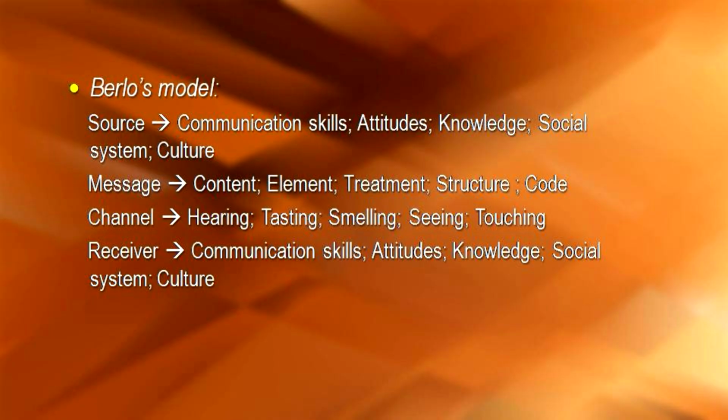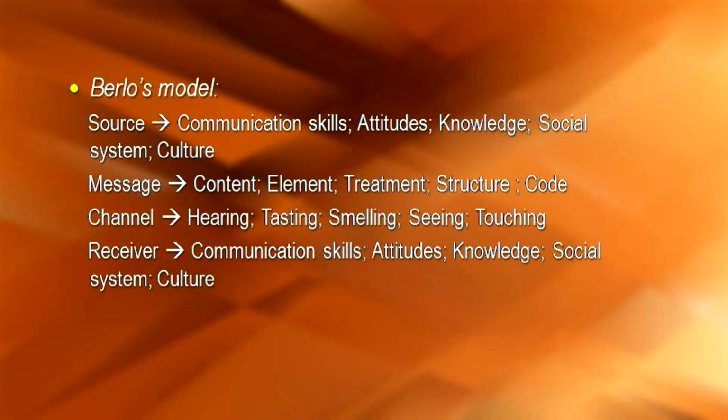Then we had the third model, which is called Berlo's model. Now, Berlo worked on the four elements, the four components of communication that we initially talked about: the source, message, channel, and receiver. These are the four elements of communication. He spoke about the uniqueness of each of these elements and what each of these elements comprise. So, say for example, when we talk about the source of communication, the source, in this case, is me.